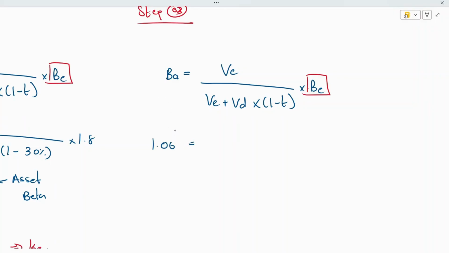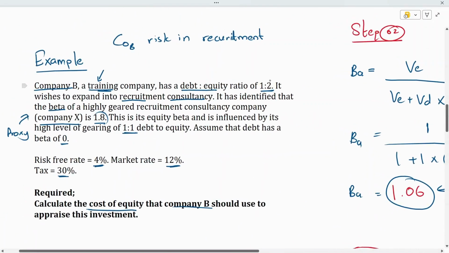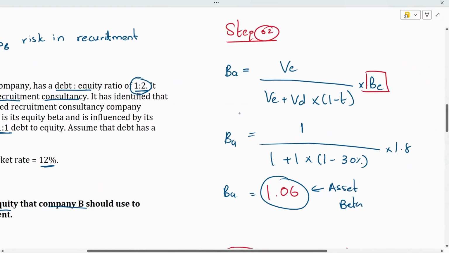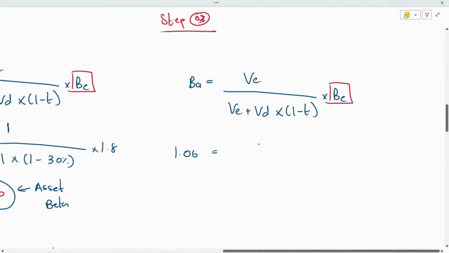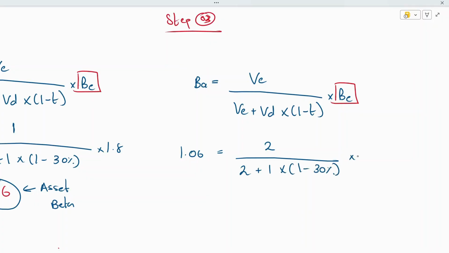Now, once again, don't make this silly mistake. In the process of regearing, which capital structure should we use? We have to use our company's capital structure. Debt to equity ratio of 1 is to 2. So value of equity is 2, and value of debt is 1 into 1 minus 30%, into beta equity, that is the unknown figure.